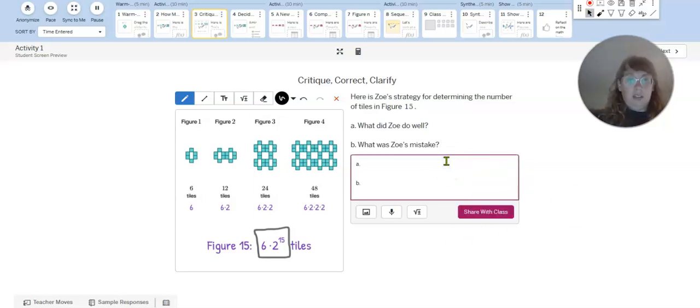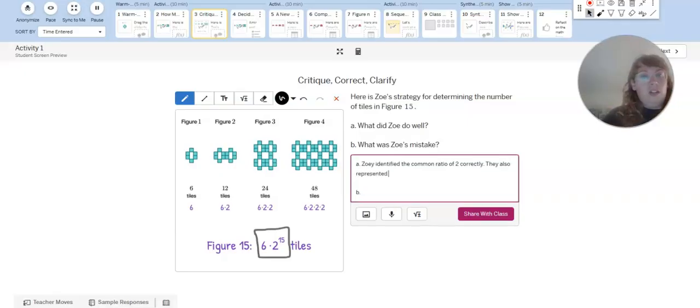We can see that Zoe identified the common ratio of 2 correctly, which is great. They also represented figures 1 through 4 with the correct expression.